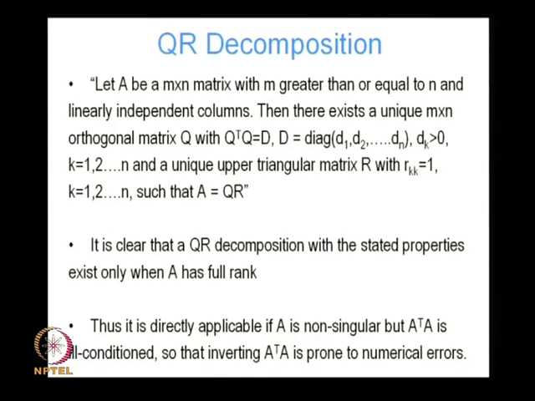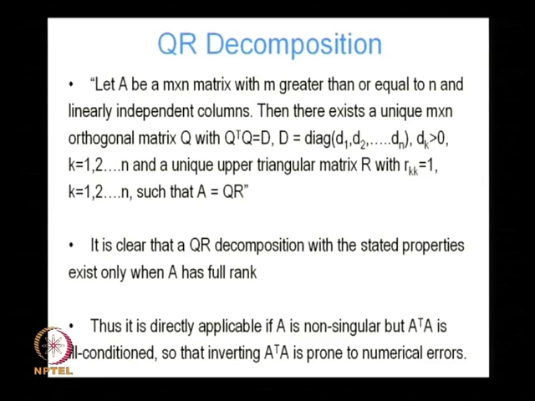Then there exists a unique m by n orthogonal matrix Q. Orthogonal matrix means each column is orthogonal to every other column. Each column, if I take a dot product with every other column, it gives me 0, right. So, each column is orthogonal. Orthogonal matrix Q with Q transpose Q equal to a diagonal matrix, right, and such that each term on the diagonal is greater than 0.